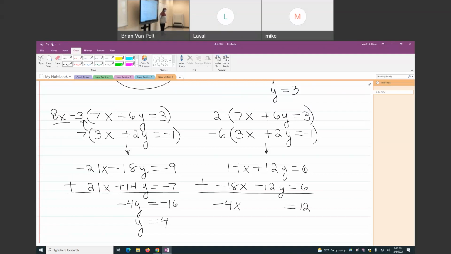And so what's x going to equal? Negative 3. That's right, yep. So our answer is negative 3, negative 4. Okay, let's make it a positive: negative 3, positive 4.